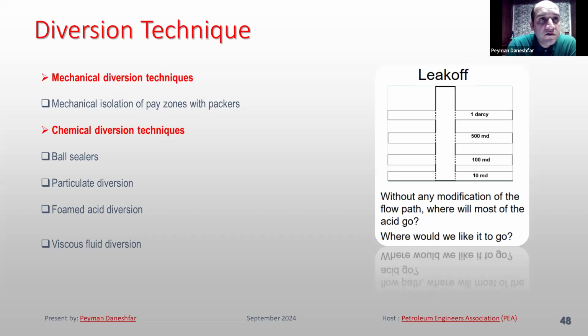Organic acids, because of the low reaction rate, we use as additives. For example, formic acid can be used as a corrosion inhibitor intensifier, and acetic acid as an iron controller.